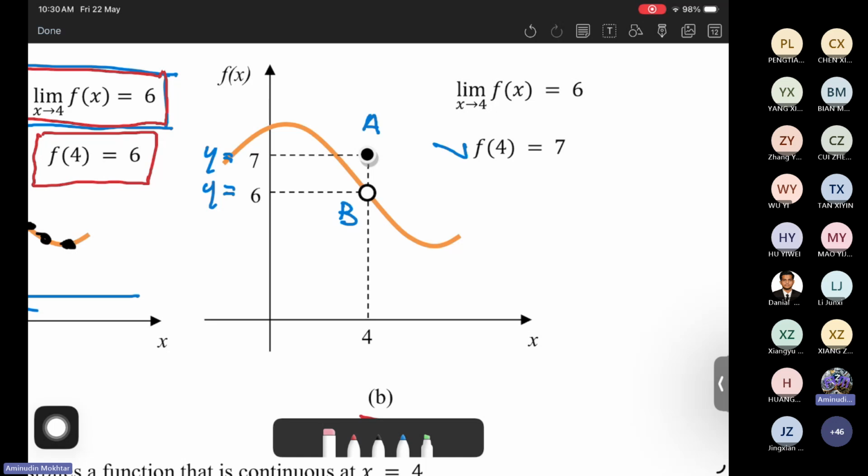So the value of y only exists at the black dot, that is point A. So the right answer is, when x equals 4, x sama dengan 4, y equals 7, y sama dengan 7. That is the value of the function.